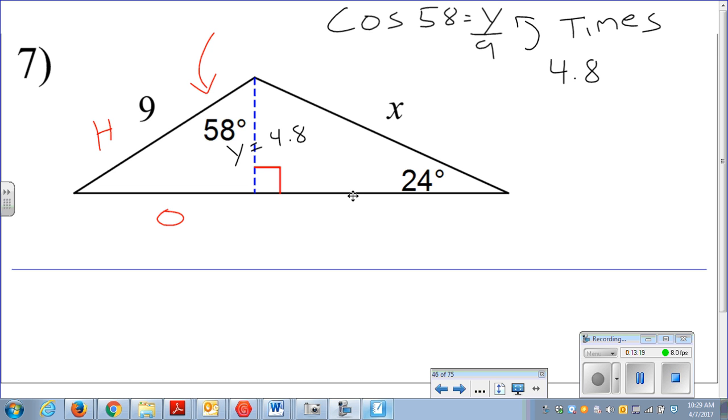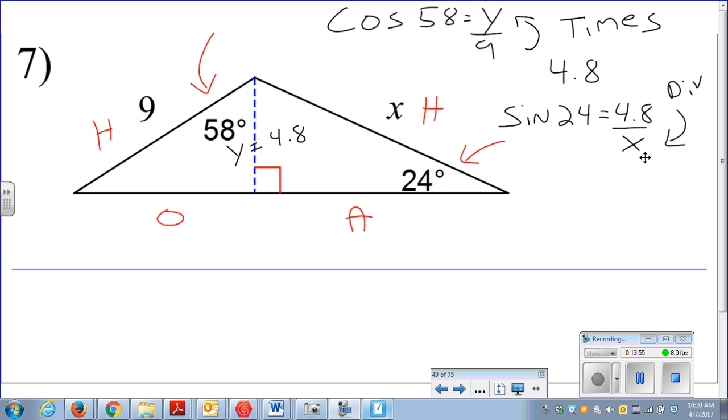So I'm going to start again. Label the triangle: hypotenuse, angle, opposite, adjacent. You see how in this triangle it's adjacent, but on the one on the right it's the opposite. Pick the correct trig function: sine, which is sine of 24 equals 4.8 over x, because I have the opposite over hypotenuse.